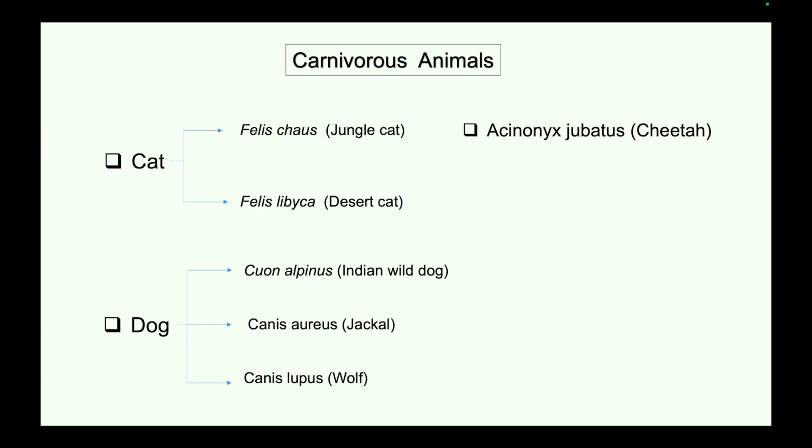In the category of carnivorous animals, that is cat, dog, and cheetah, there are two species of cat: Felis chaus, the jungle cat, and Felis libyca, the desert cat. In the dog category, Cuon alpinus, the Indian wild dog; Canis aureus, the jackal; Canis lupus, the wolf; and Acinonyx jubatus, the cheetah.